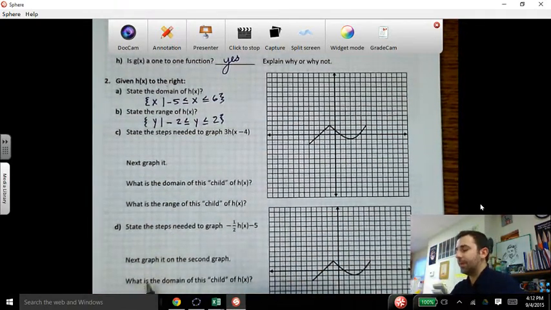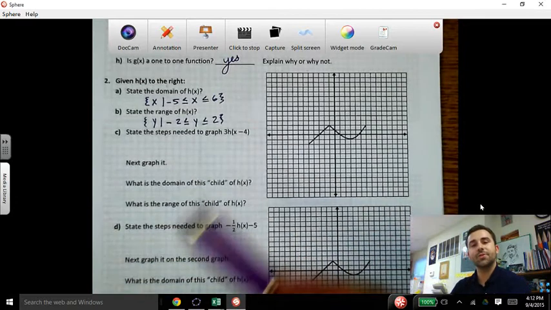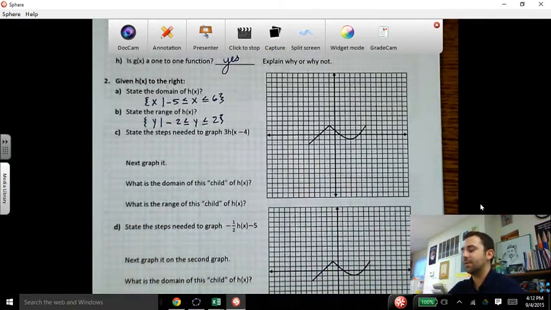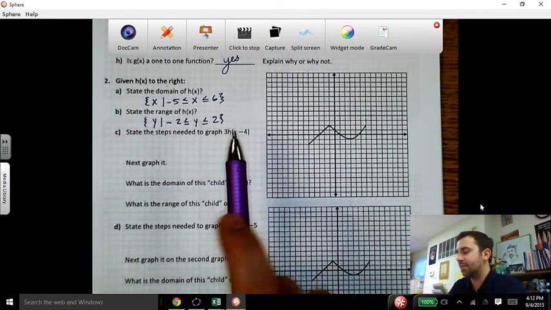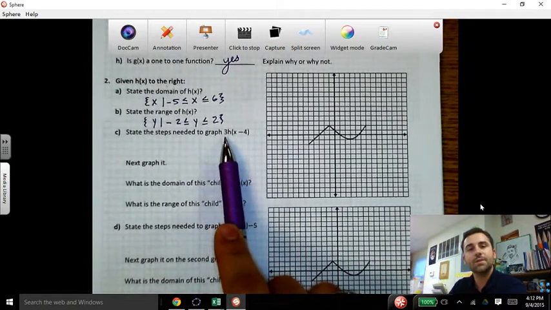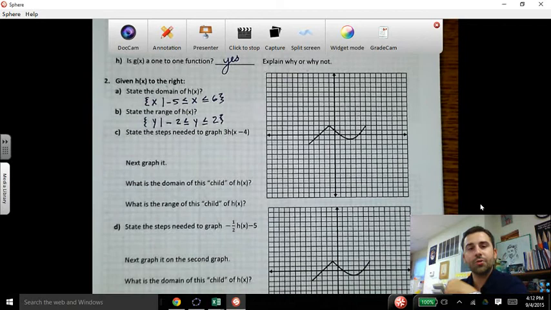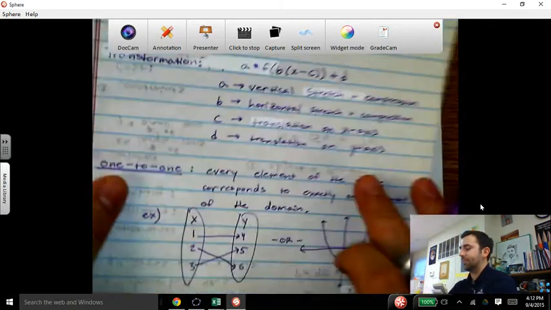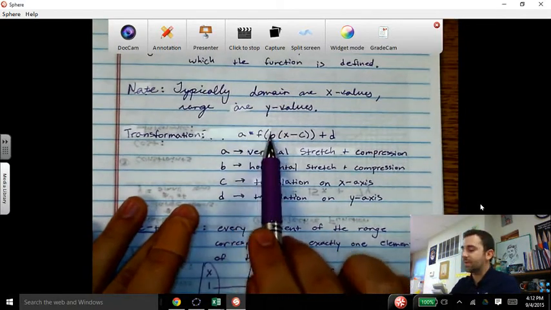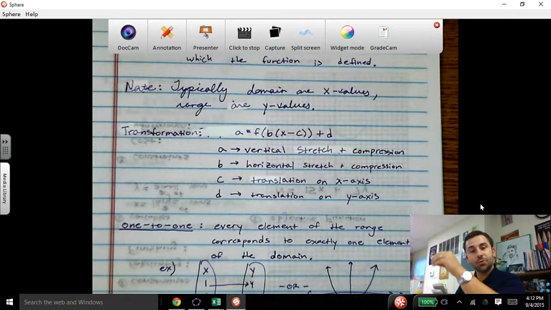So now it's giving us this function transformed: 3 times h of x minus 4. State the steps we need to graph. So you'll notice that this 3 out in front is going to provide us with a vertical stretch. Once again, if you remember back to those transformational notes, an a coefficient outside the function gives us a vertical stretch or compression.